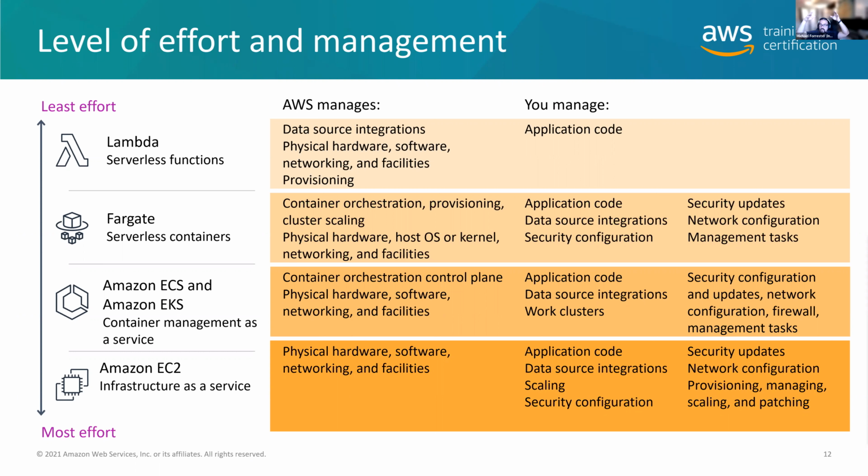So note that when you go from Lambda to Fargate, which is basically ECS and EKS Fargate, and then to ECS and EKS on EC2, and then straight to EC2, you're going from the least amount of operational overhead to the most, and from the least amount of control to the most amount of control and flexibility.